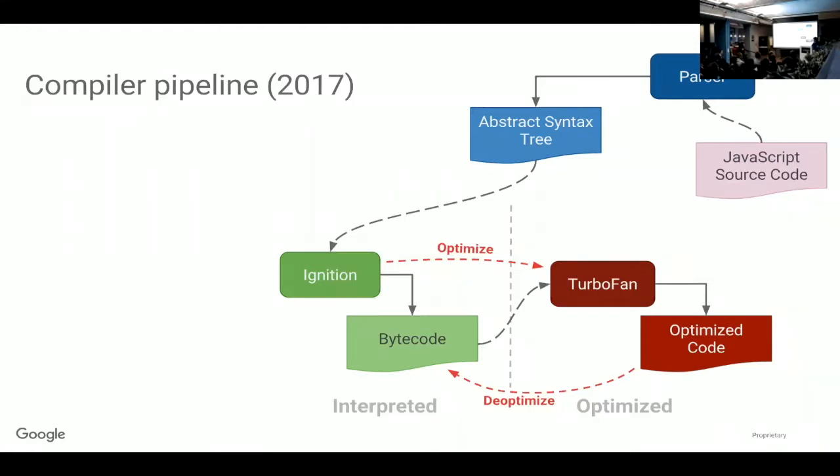What also was a big decision maker is that everything they created, the parser, TurboFan, everything is written so Ignition creates bytecode.